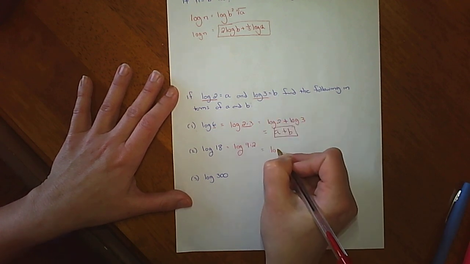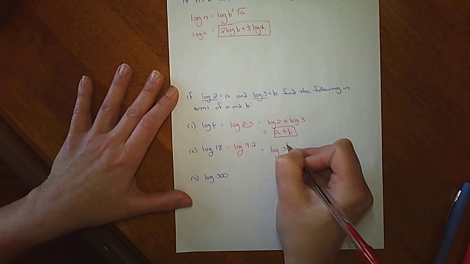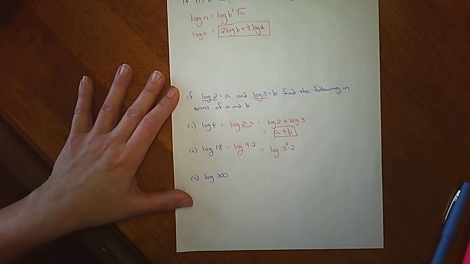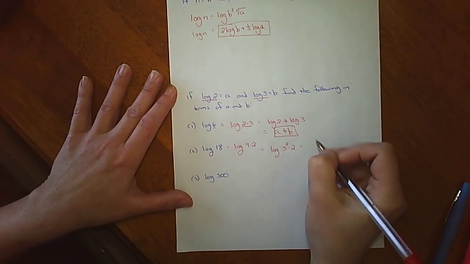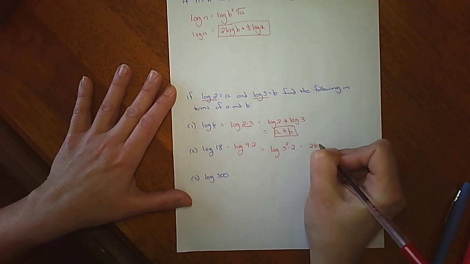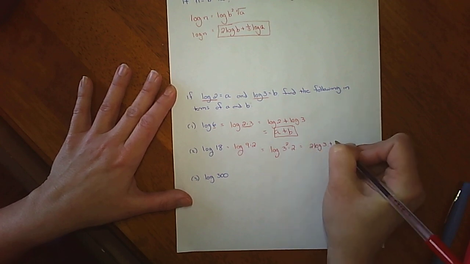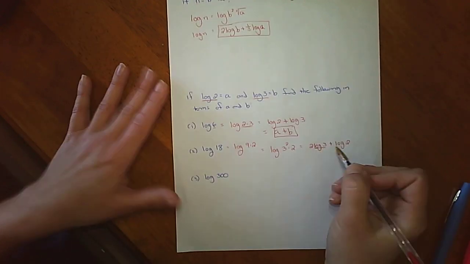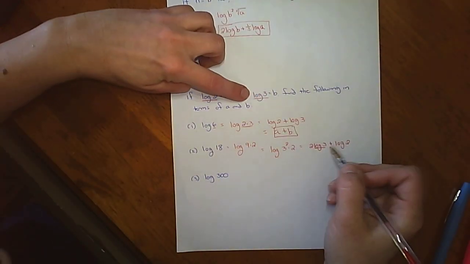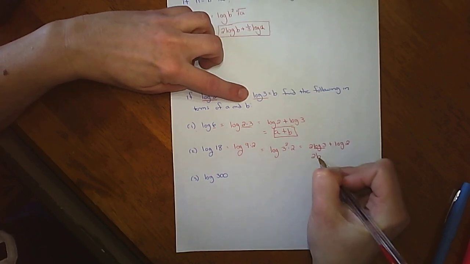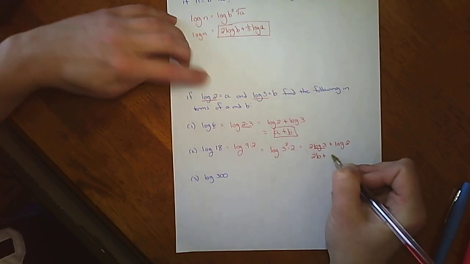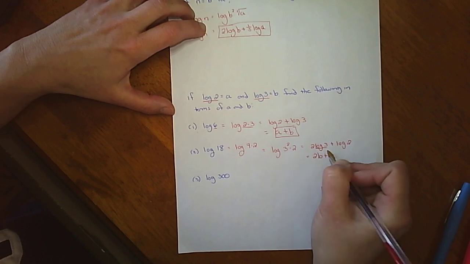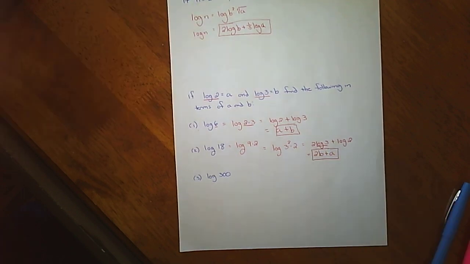And what I would do now is write it as log 3 squared times 2, which then becomes 2 log 3 plus log 2. Now, log 3 is equal to b. So this becomes 2b plus a, which is that.